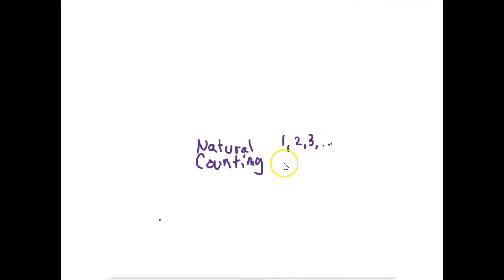If you ask a little kid to count, this is how they're going to count. So this is kind of why we call it the natural or counting numbers. And the notation on this is we use a fancy schmancy N.